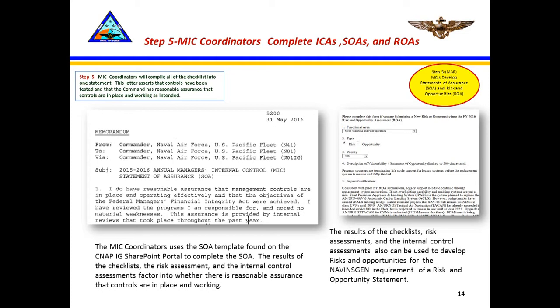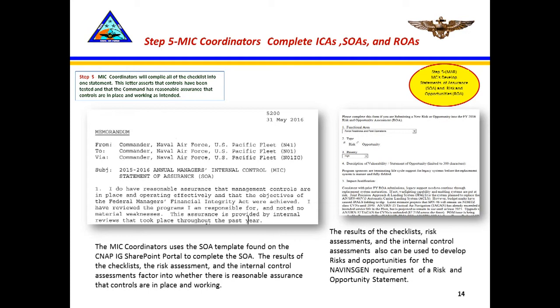The final piece of the puzzle for MIC coordinators and for the SMEs at the AUs and sub-AUs is the completion of the statement of assurance and the risk and opportunity assessments. So once all the internal control assessments, and all the risk assessments, and all the checklists and everything have been done, the last two documents that they need to submit to CNAP are the statement of assurance and the risk and opportunity statement.